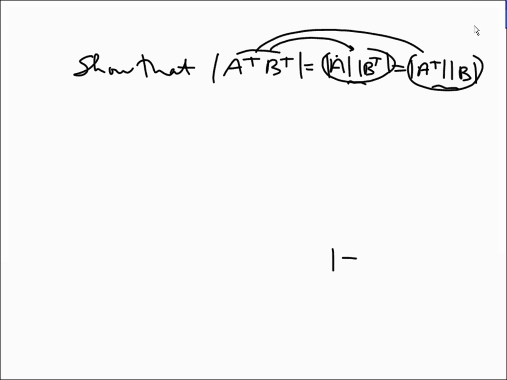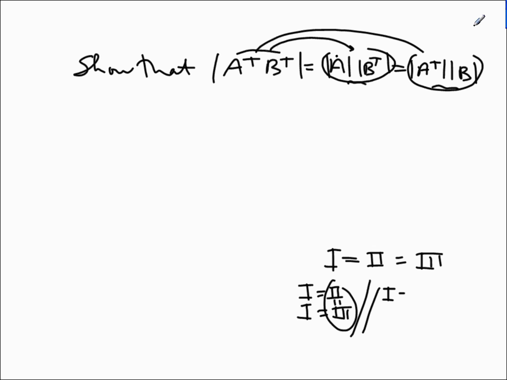Again, if you want to show 1 equals 2 equals 3, there's many ways of doing this. You can show 1 equals 2, and you can show 1 equals 3. So if 1 equals both of these, then those two are equal.